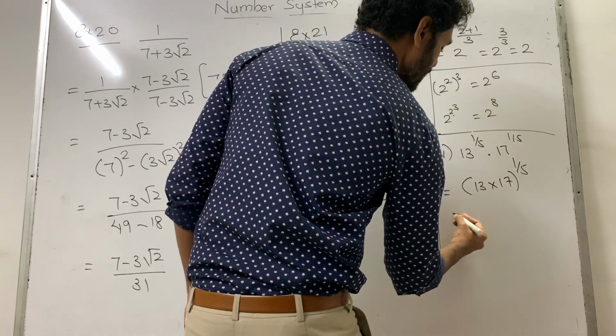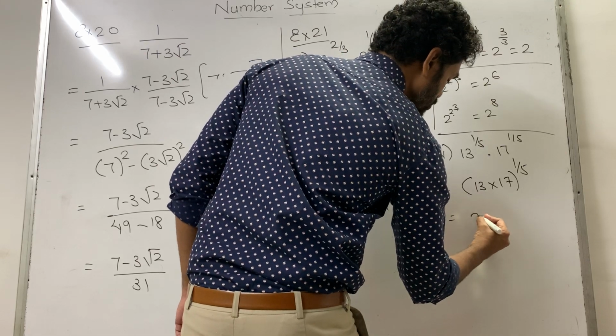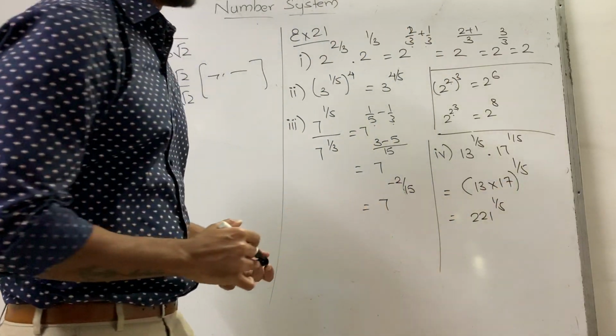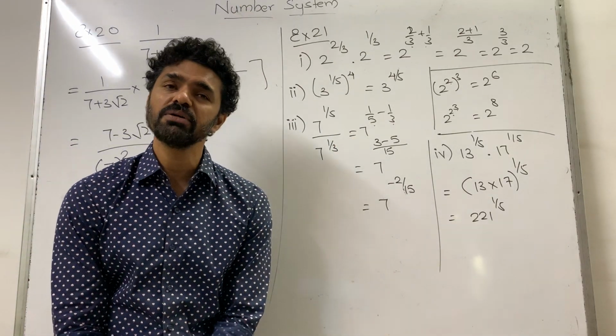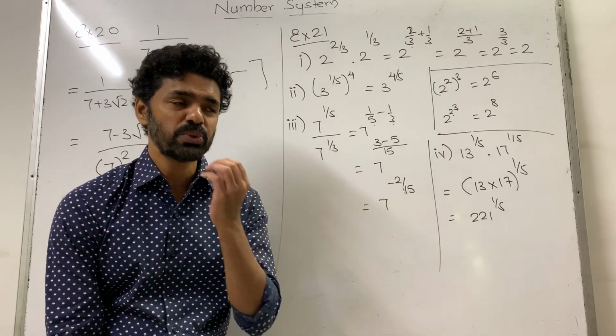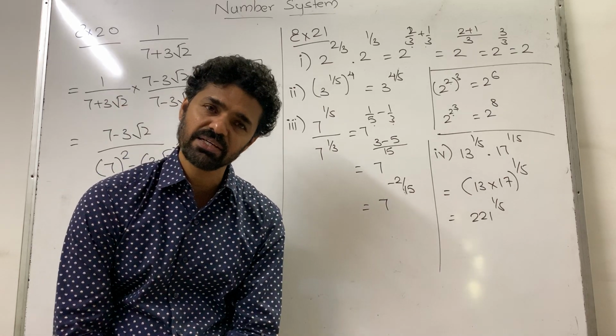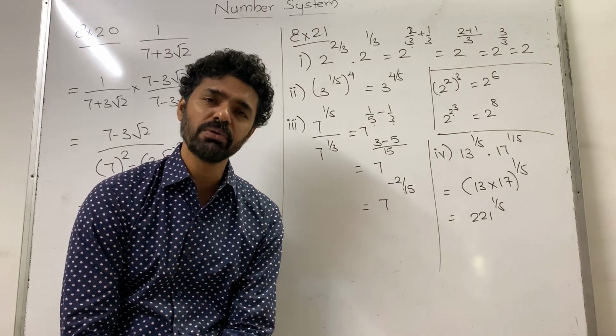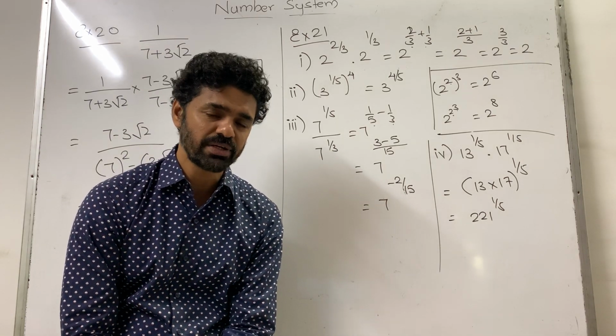You can multiply 13 and 17, this comes to 221 raised to 1 by 5. So that completes the chapter. I suppose with this you should be able to do the exercises which I haven't taken, and I personally feel you will not find any problem in solving first chapter from the textbook.